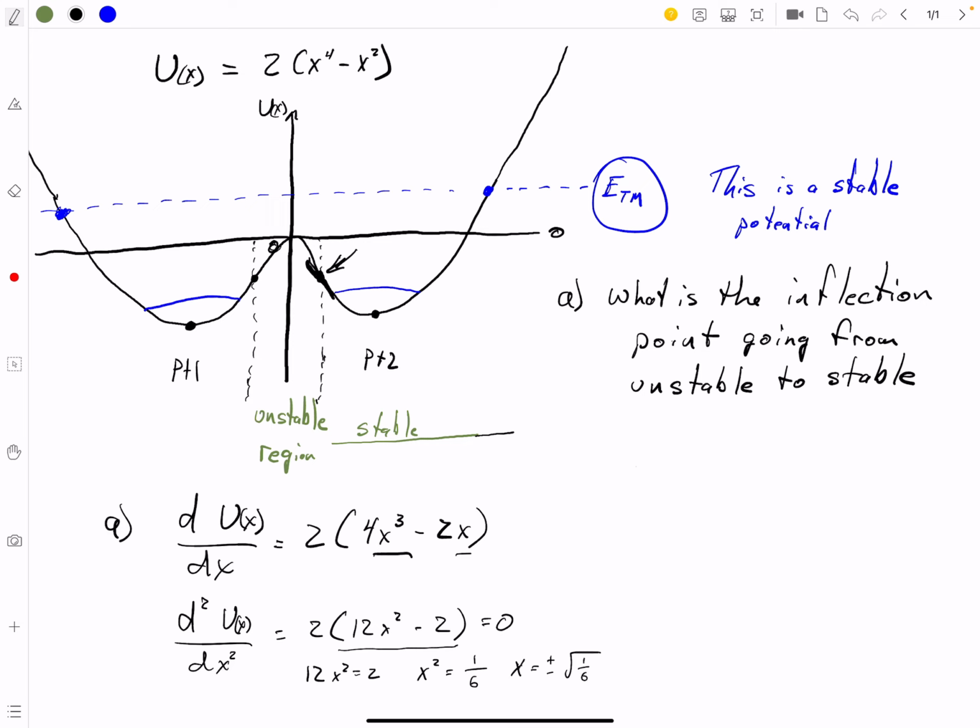That is how far away from 0 this is. And it's plus or minus. This is the plus side. And here's the minus side. So that's minus 1 over square root of 6. All right. So good.